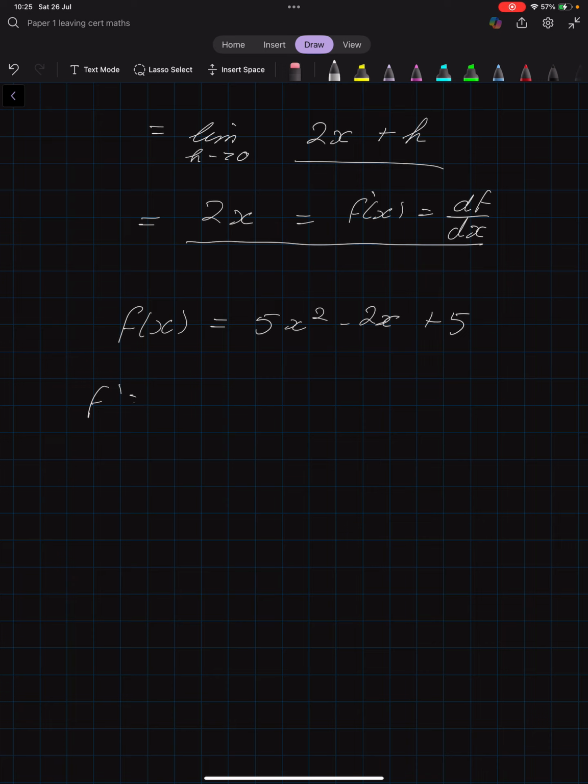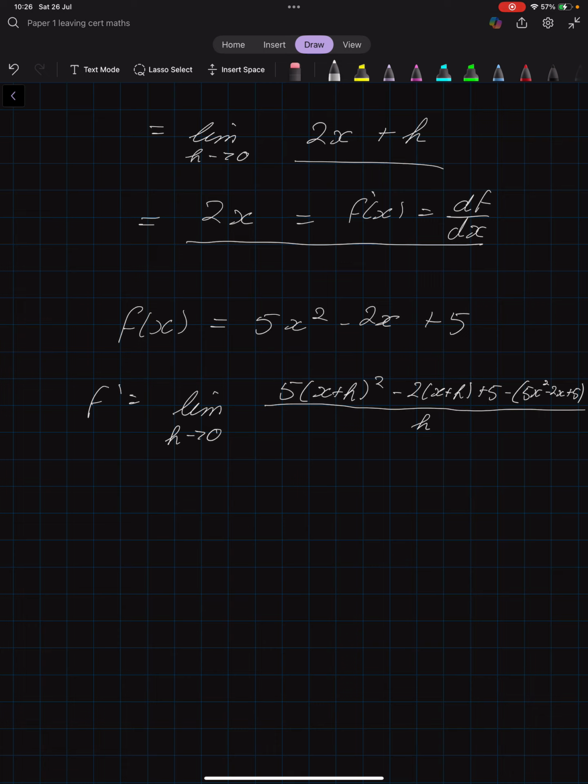So f prime, I can say it's the limit as h goes to 0 of 5, again, you just plug in x plus h, plus 5 minus 5x squared minus 2x plus 5, all over h.